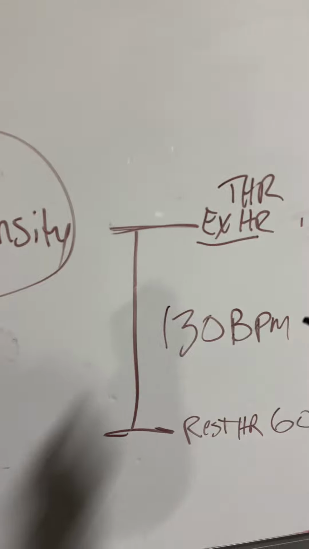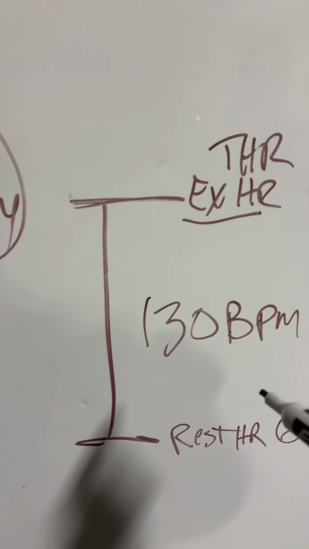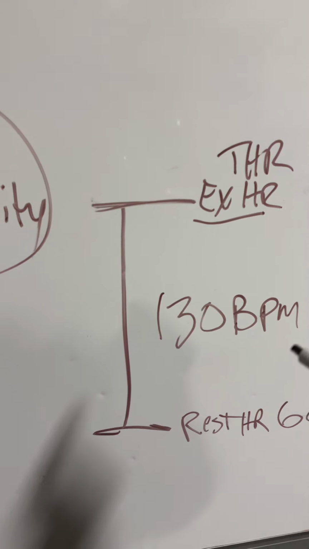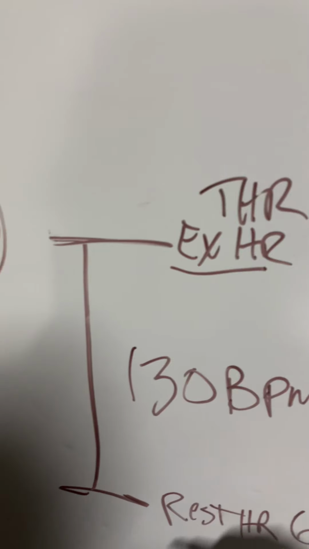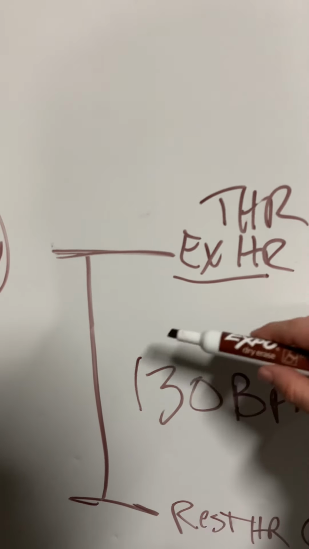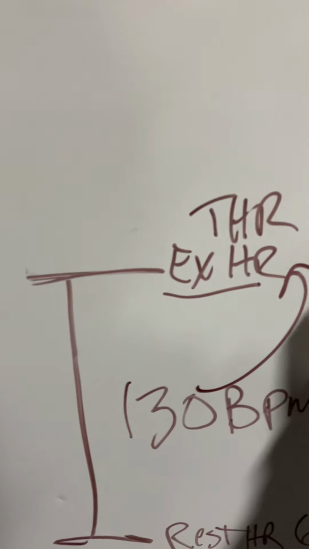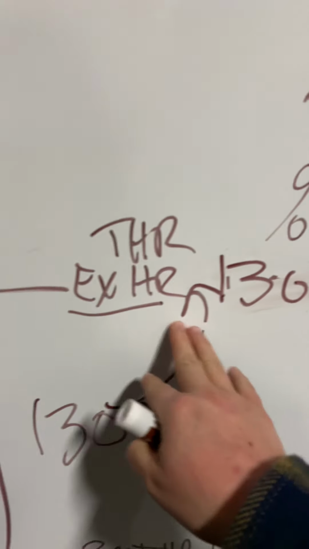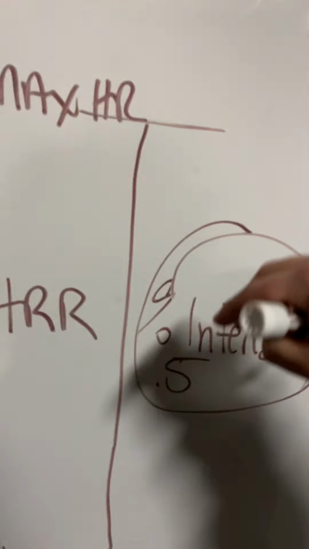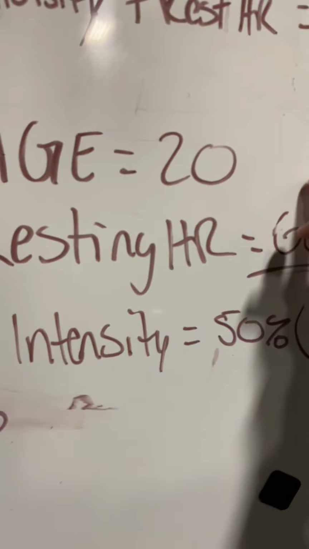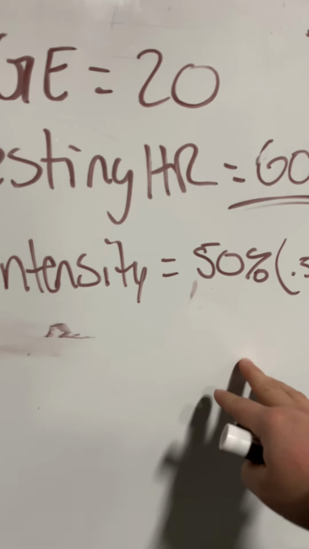So this little line is 50% of this big line, which is 130 beats. And then we know that they can go from 60 all the way up to 130, which is right here. 130 at this line is 50% for someone who is age 20, has a resting heart rate of 60, and then an intensity of 0.5.